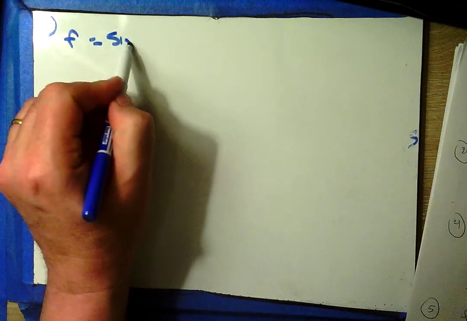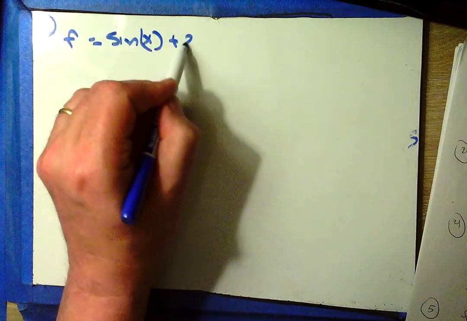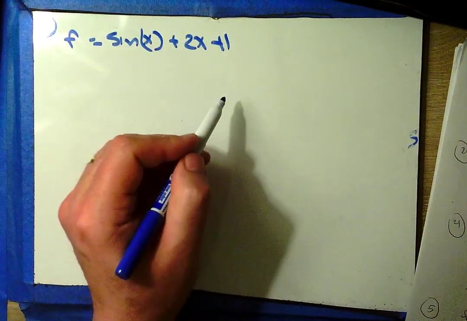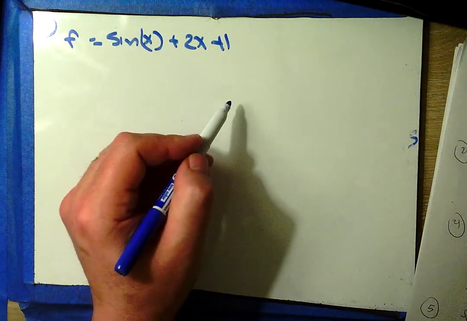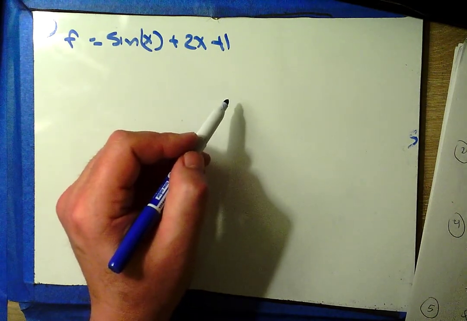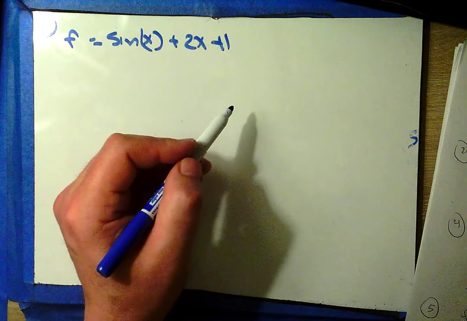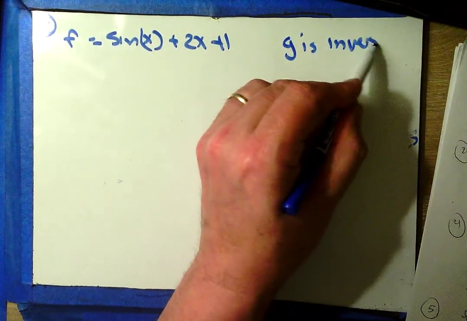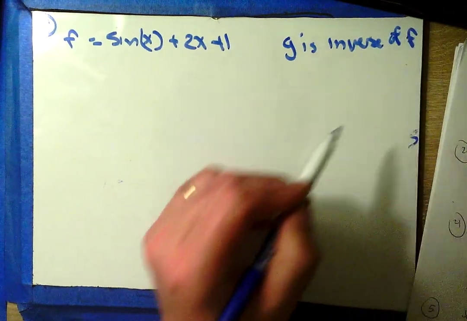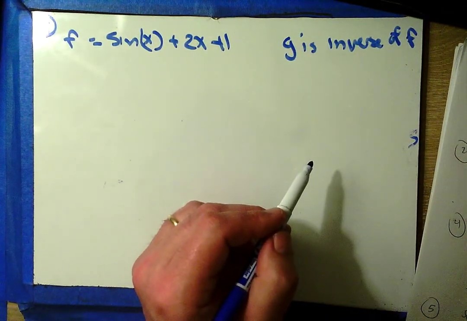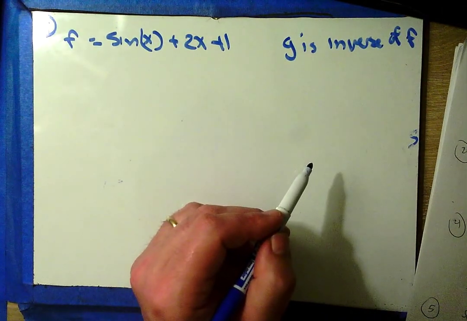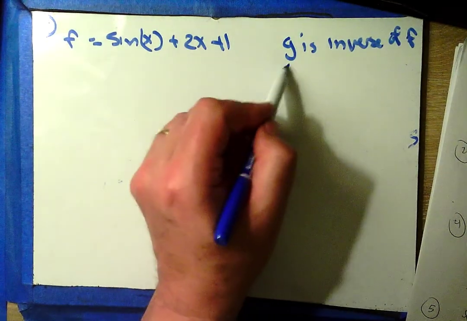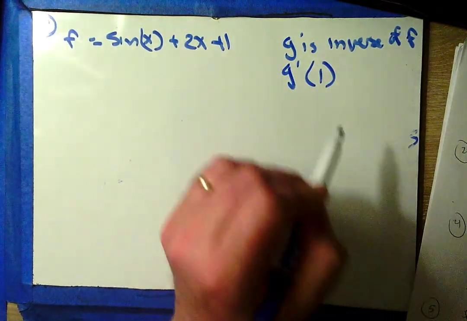Okay, 7. 7 says let f equal sine x plus 2x plus 1 and g is the inverse of f, and what is the value of g prime of 1?